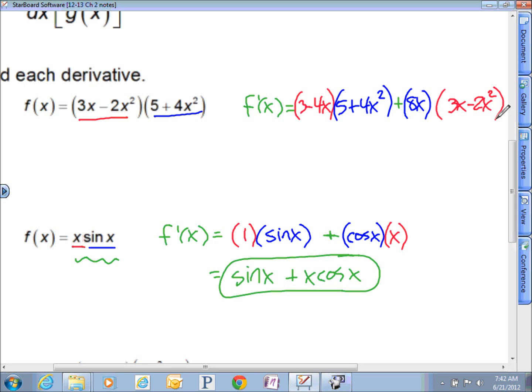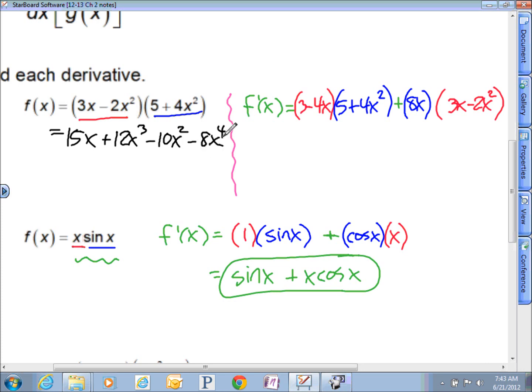The alternative to this would be, what if we tried this instead? What if we took the original function and multiplied it out, did a little algebra: 15x plus 12x cubed minus 10x squared minus 8x to the fourth. Okay, so there I took care of the algebra.